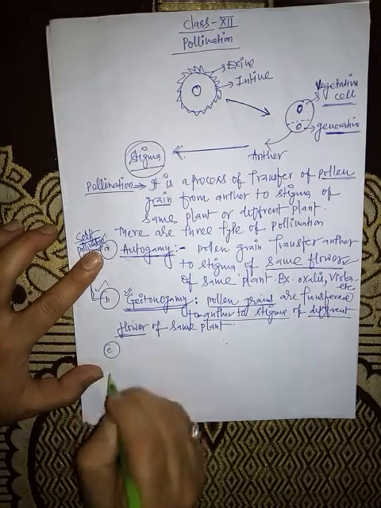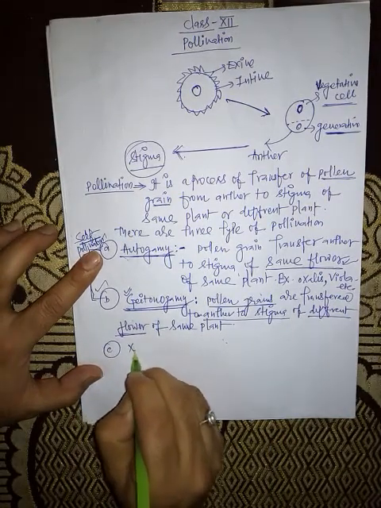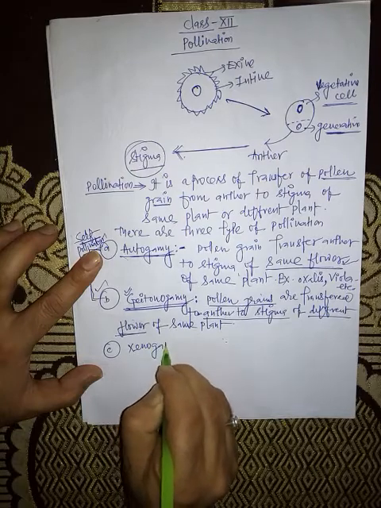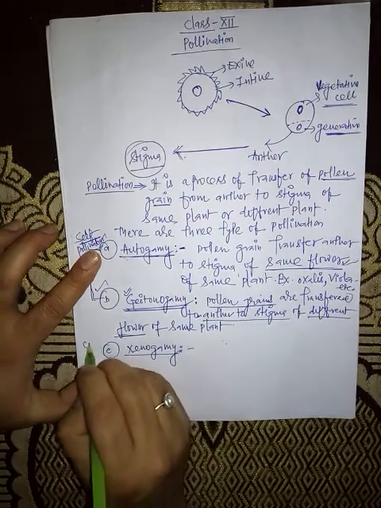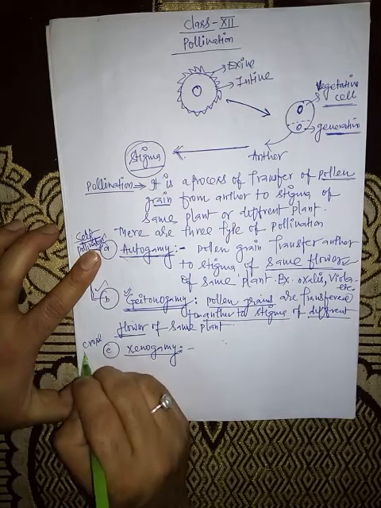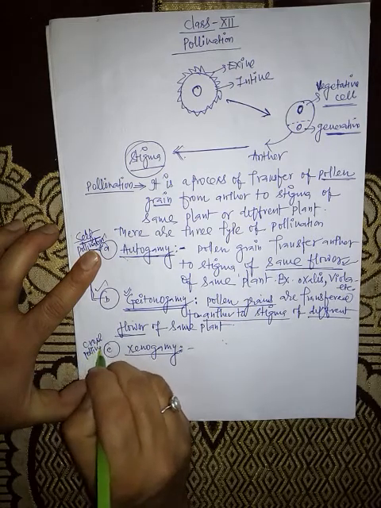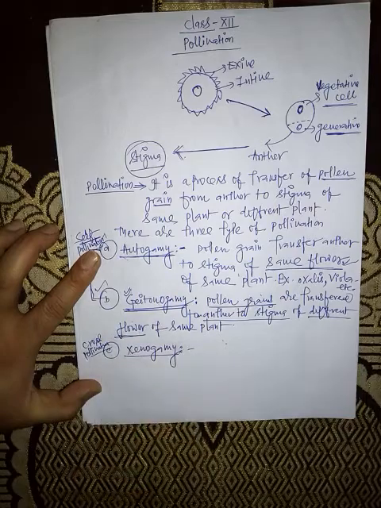Next type, C, xenogamy. It is a type of cross pollination.